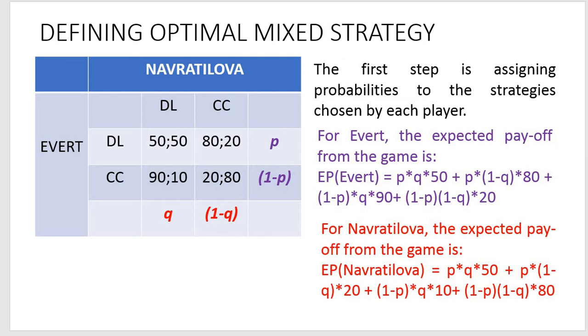And finally, she can get 20 with probability 1 minus P times 1 minus Q. We do the very same analysis for Navratilova, who can get 50 with probability P times Q, 20 with probability of P times 1 minus Q, 10 with probability Q times 1 minus P, and 80 with probability of 1 minus Q times 1 minus P. Here you have this function.